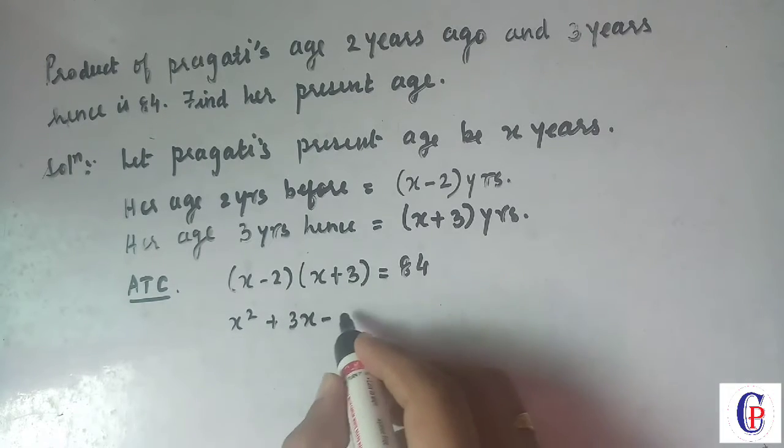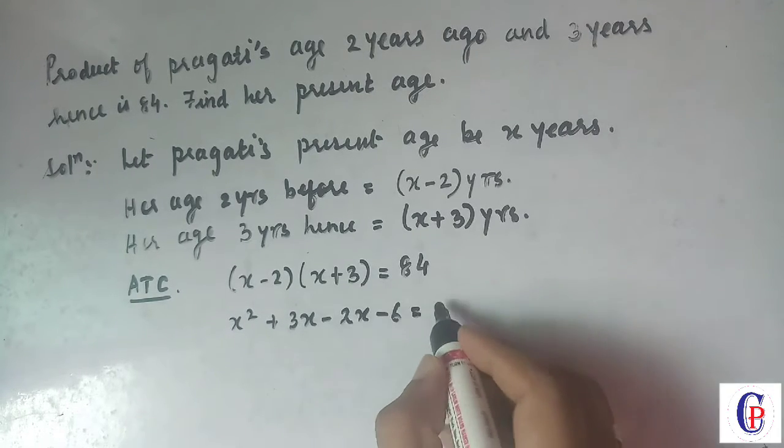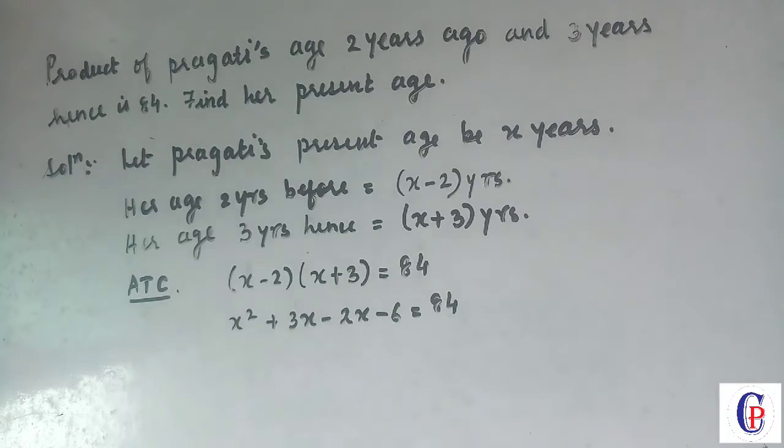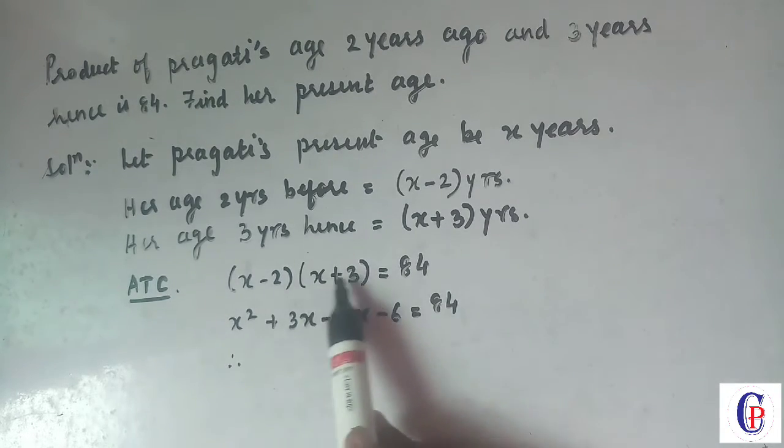I hope you know this because it will be very difficult to go again and again to the basics, to the previous exercise, or to the 8th standard, 9th standard. The lecture will be very long if you keep talking about the basics. So I have already discussed this.